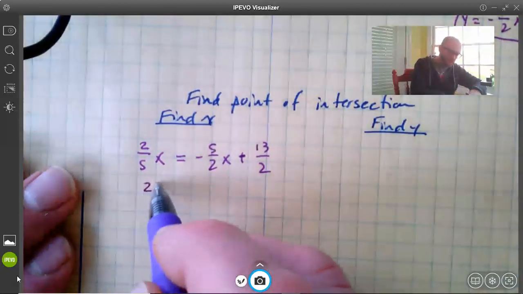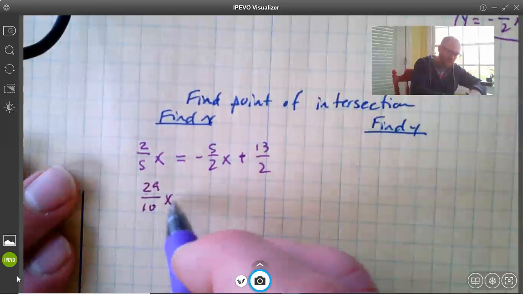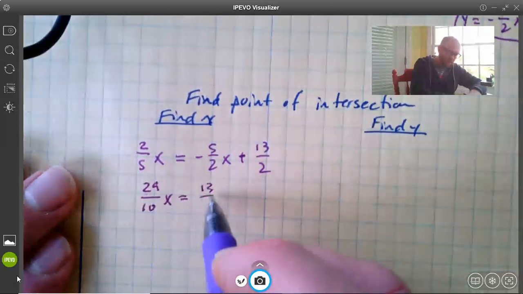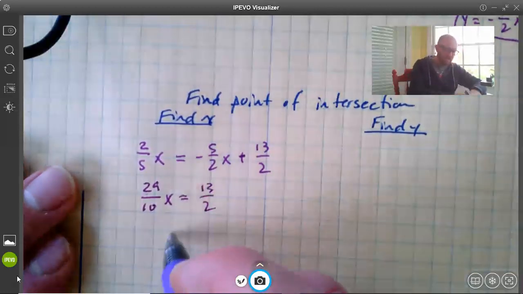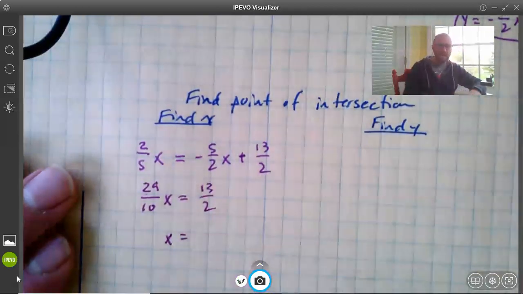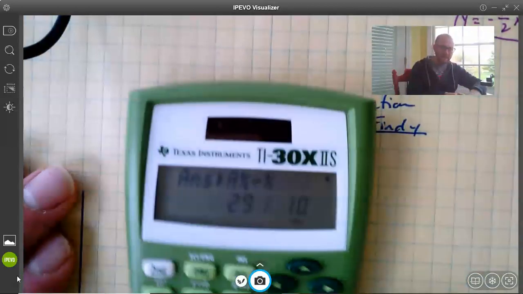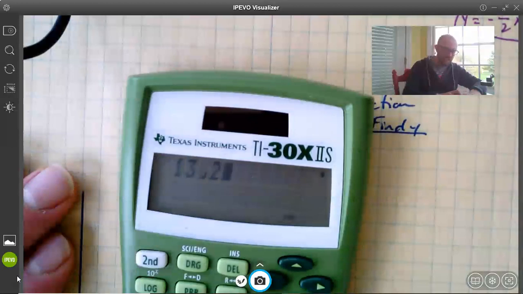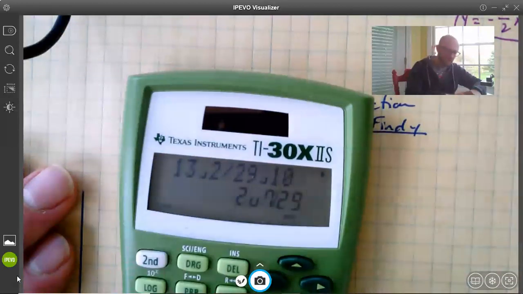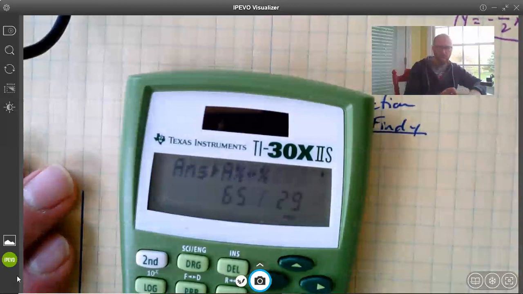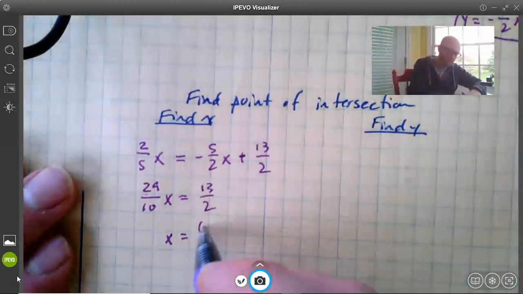So we got 29/10 x equals 13/2. So we're going to divide 13/2 by 29/10. 13/2 divided by 29/10 is 2 7/29, or 65/29.